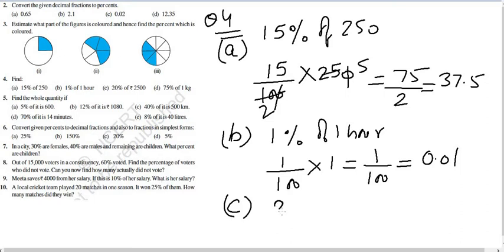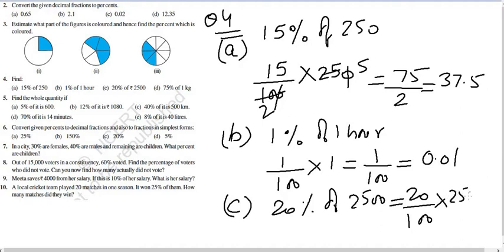In C part, you can see here we have 20% of 2500, or 20 upon 100 into 2500. 0 is 0, this 0 cancels with this 0, so it will become 500. 20% of 2500 is 500.